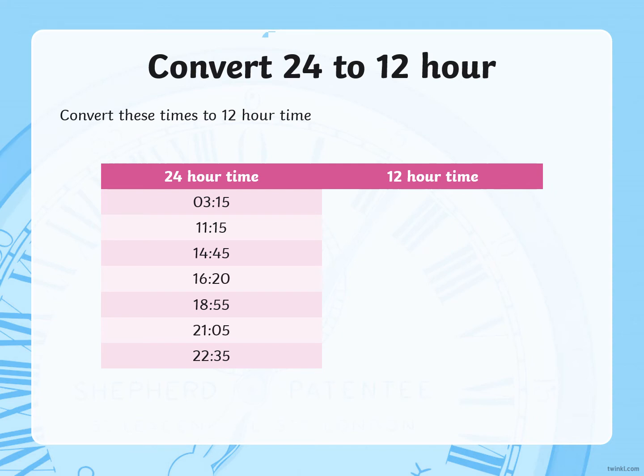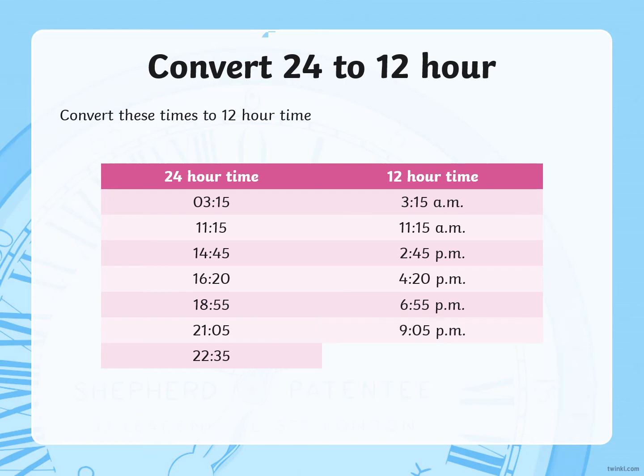Convert 24 to 12-hour. Convert these times to 12-hour time. 03:15 becomes 3:15 AM. 11:15 becomes 11:15 AM. 14:45 becomes 2:45 p.m. 16:20 becomes 4:20 p.m. 18:55 becomes 6:55 p.m. 21:05 becomes 9:05 p.m. 22:35 becomes 10:35 p.m. What's the same and what's different?